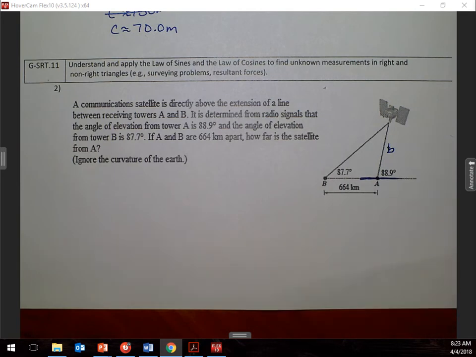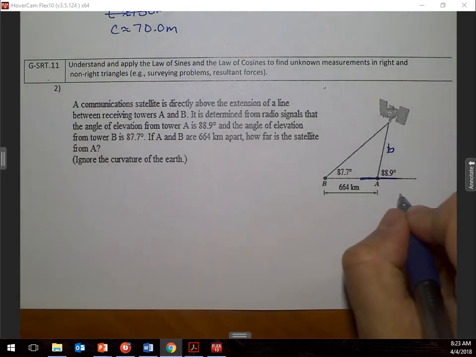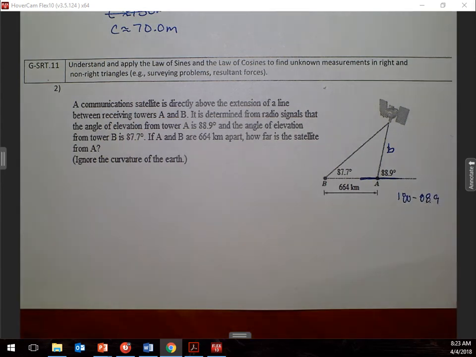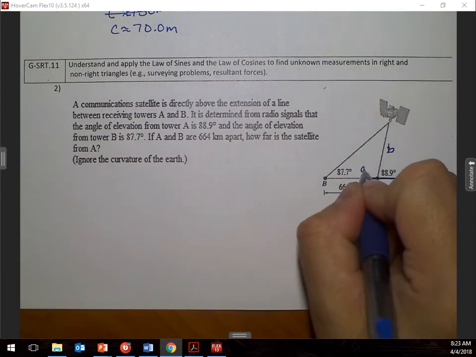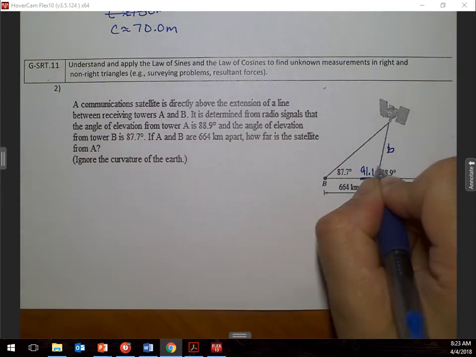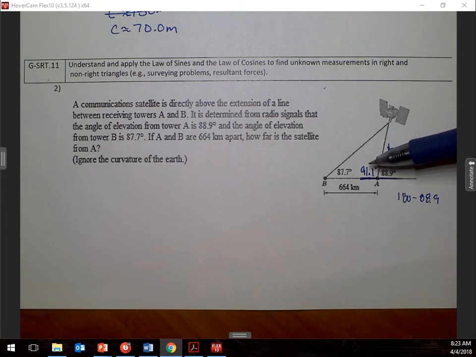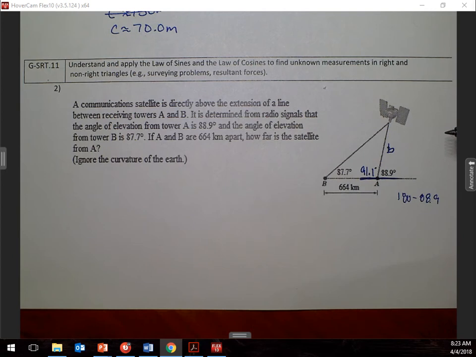So to get this one right here, I'm going to do 180 minus 88.9, which is going to give me 91.1. Now that I have those two, what information do I have here now? What type of triangle?